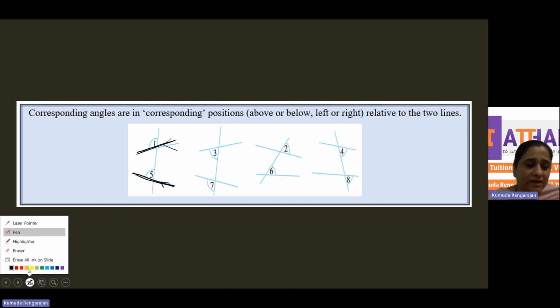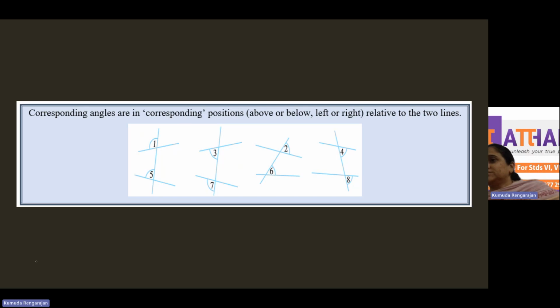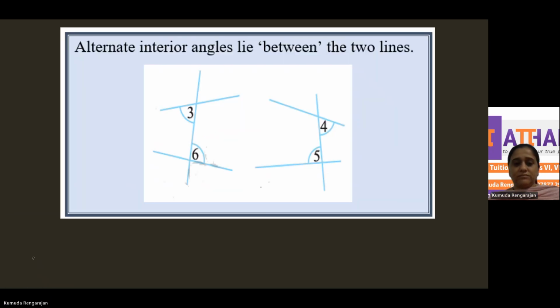But look at the positions. 1 and 5, corresponding angles. 3 and 7, corresponding. 2 and 6, 4 and 8. Alternate angles, positions. Opposite sides.